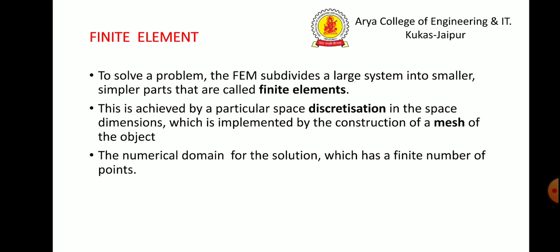This is achieved by a particular space discretization in the space dimension, which is implemented by the construction of a mesh of the object. The numerical domain for the solution has a finite number of points.